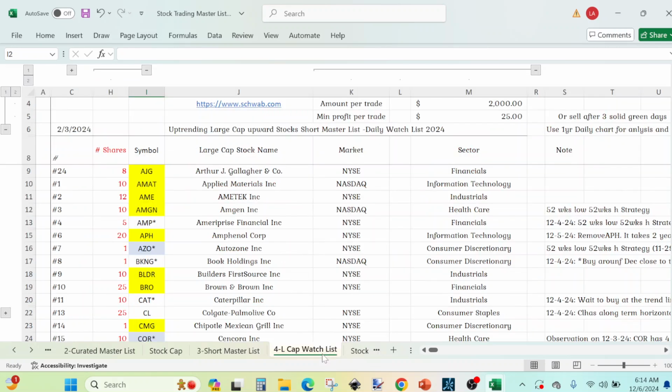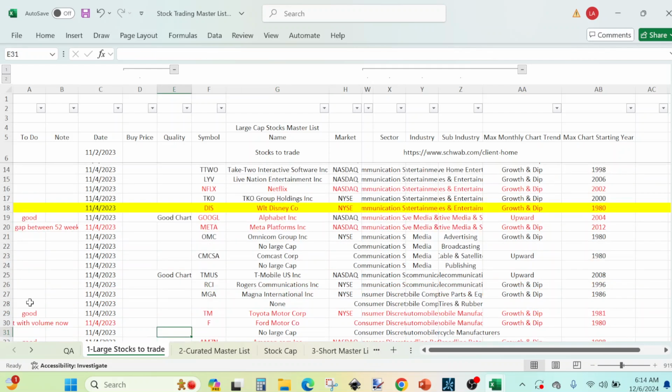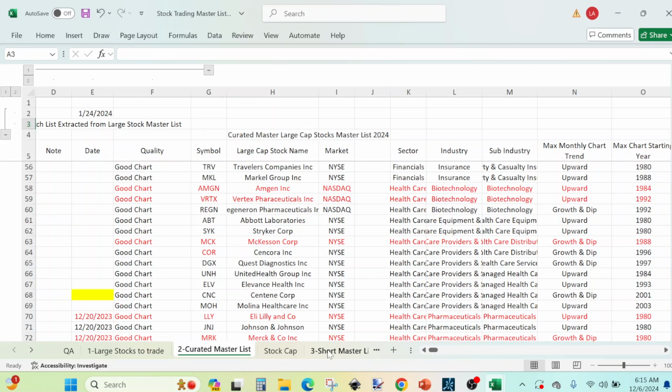This one we now organize alphabetically by symbol, which mixes up the sectors but makes it easier to go from A all the way to Z. That's how we went from the large list of stocks that we pulled, and you can see I might have notes. Based on those notes, I created a lower list, and so forth.